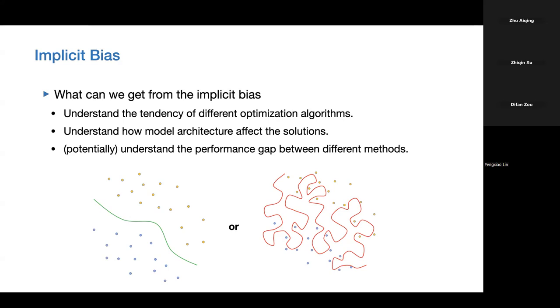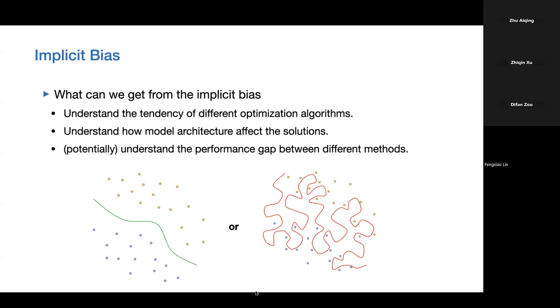The ultimate goal is, if we have a very precise implicit bias written as a function of the optimization algorithm and of the model architecture, to give a precise understanding of the performance gap between different methods.